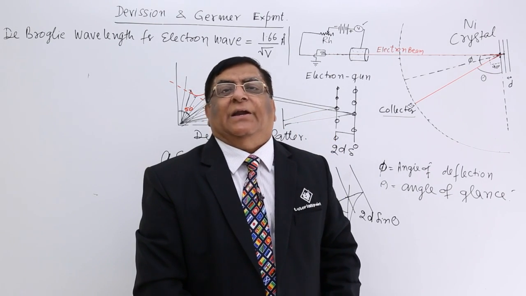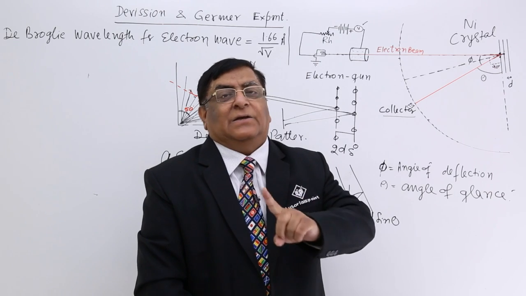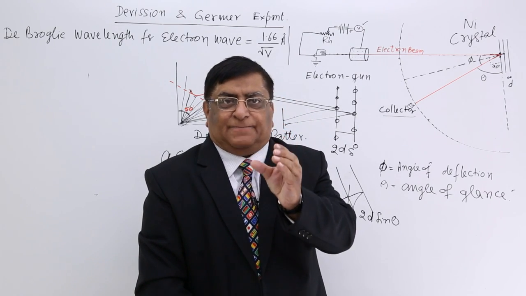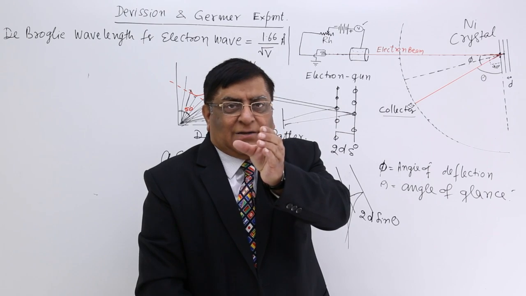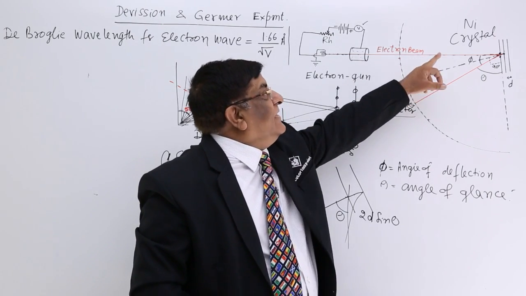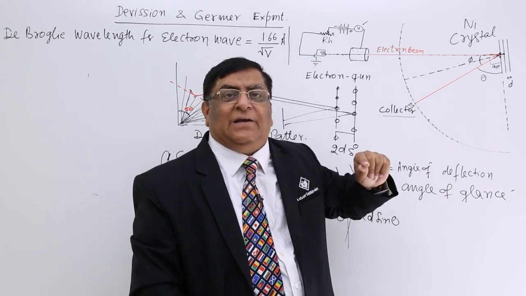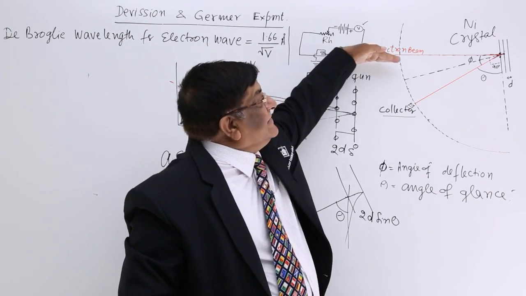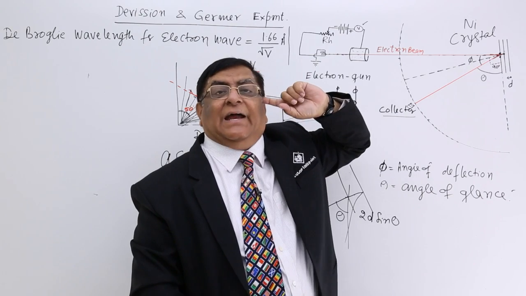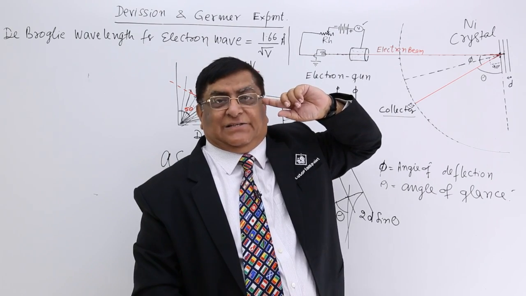This we have done in diffraction. Once again, what is d? d is the distance between two layers. What is theta? That is the tilting of the crystal. So the effective distance in this direction is not d, it has become less, and this is d sin theta.